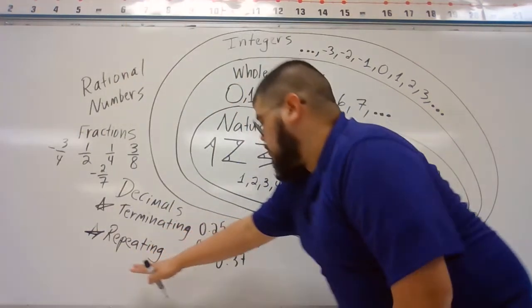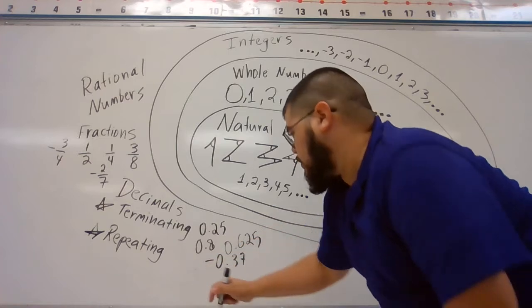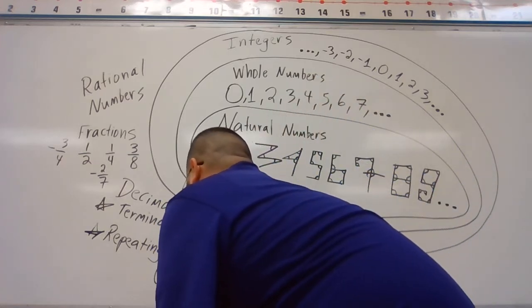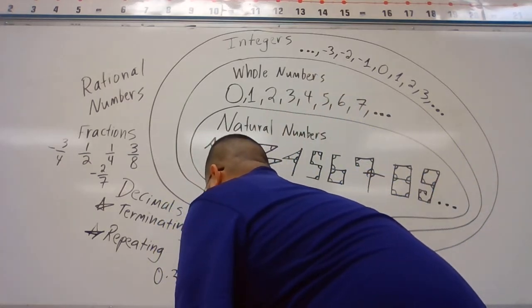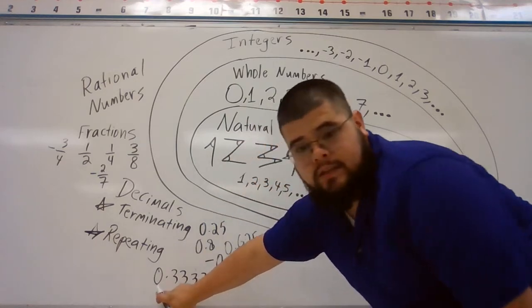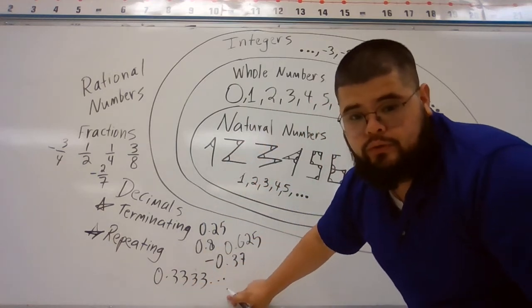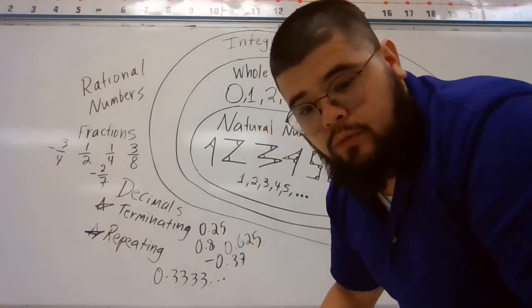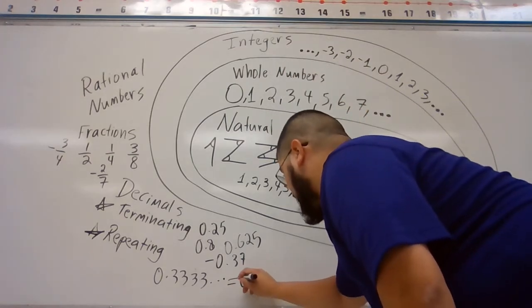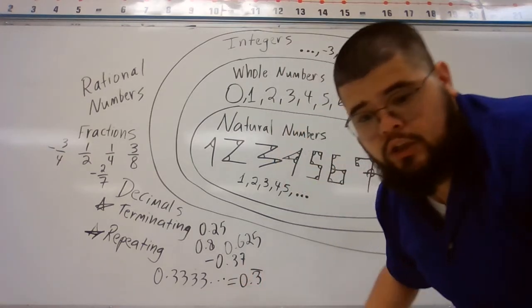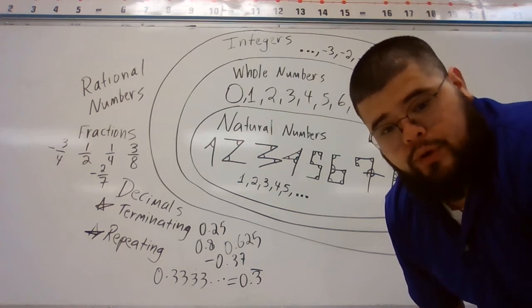And then you have something called repeating decimals. That's where the decimal repeats. 0.333333 forever, right? The other way you can write this is 0.3 with a little dash above it, and that's 0.3 repeating.